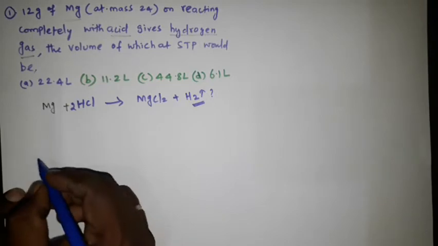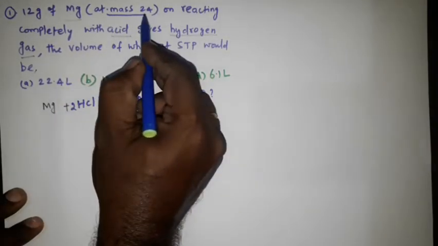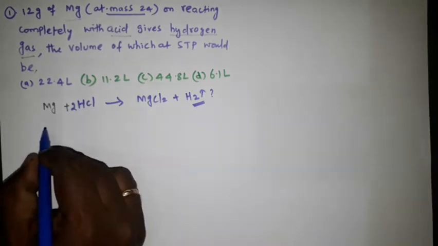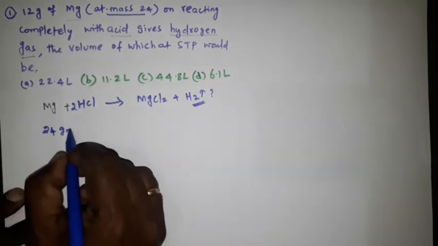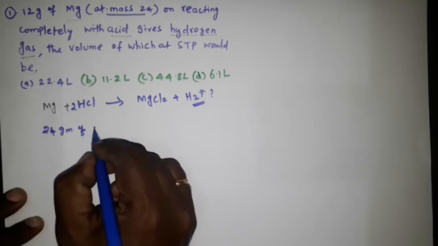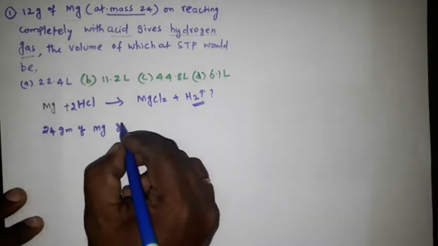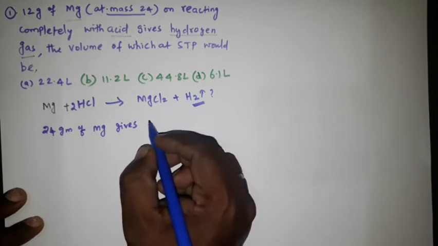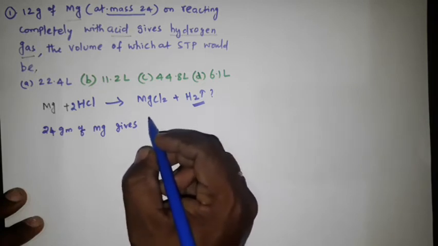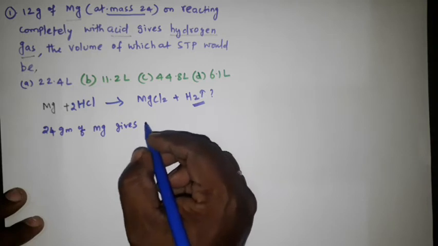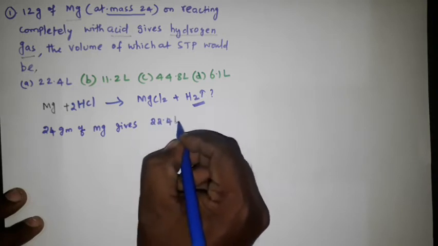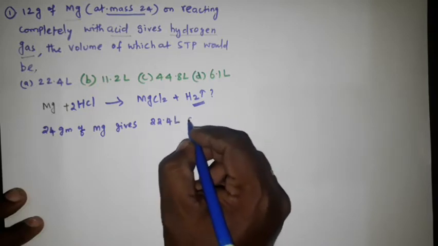So, for that, usually atomic mass, that is 24 gram of magnesium, gives, you know the molar volume, how much for 1 mole, that is 22.4 liter at STP.